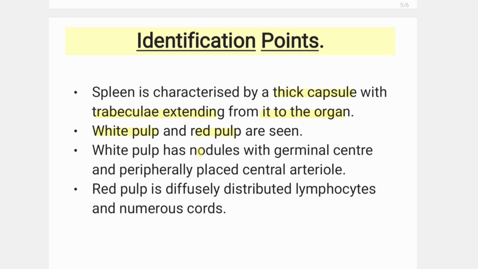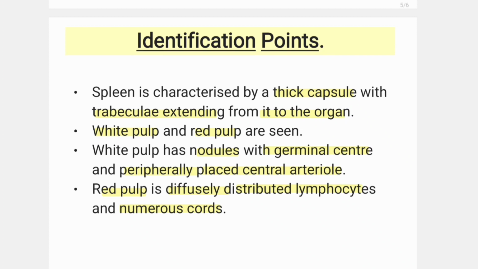The white pulp has nodules with germinal center and peripherally placed central arteriole. The white pulps have nodules with germinal center, and they will have a central arteriole which will be placed peripherally, or in an eccentric position. Red pulp has diffusely distributed lymphocytes and numerous cords.